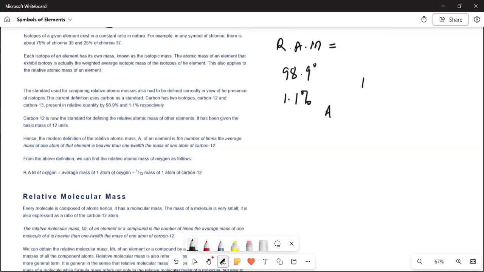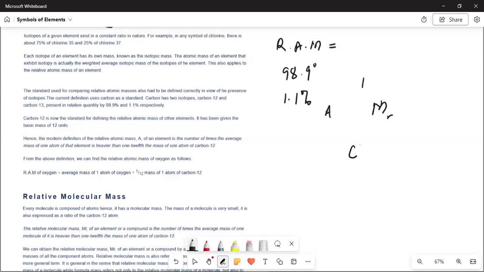Hence, the relative molecular mass, which is denoted Mr, M subscript r, is defined as the number of times the average mass of one molecule of it is heavier than 1/12 the mass of one atom of carbon 12. And remember that carbon is a monatomic element. So here we are using it as a standard, both for relative atomic mass and relative molecular mass, because one atom of carbon 12 is still the same thing as one molecule of carbon 12.